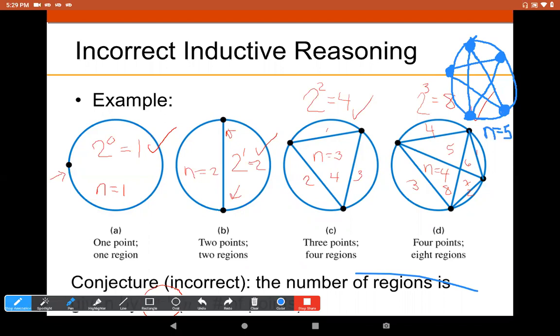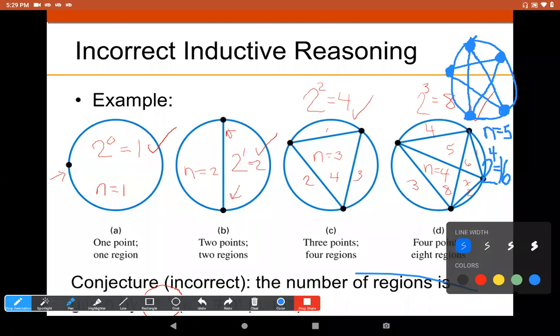Now, according to the conjecture, which we're told is incorrect, we should have 2 to the 4, right? n minus 1 regions, which is 16 regions. And I think this is where we're going to fail. Let's try it.